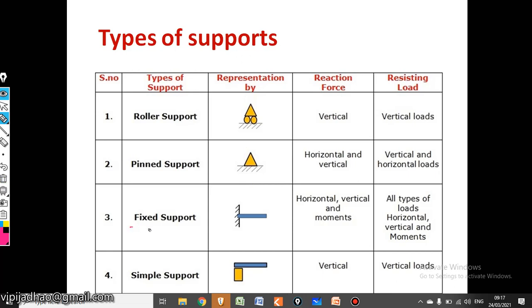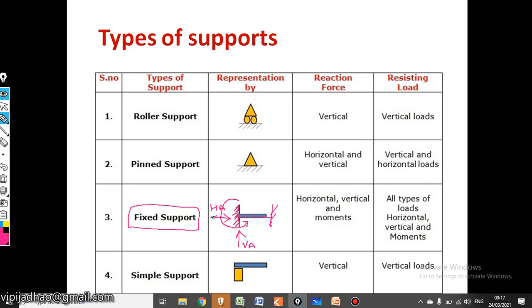The third type of support we have is a fixed support. In case of fixed support, you can see here it is shown like this and the beam is like this. In case of fixed support, we will have three reactions: the vertical reaction VA, the horizontal reaction HA, and the fixed end moment which will be acting like this.